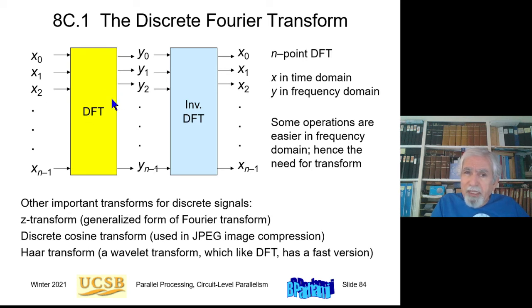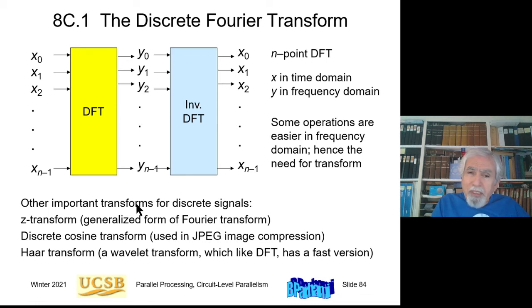We are motivated in this transformation because some operations are easier to perform on this transformed version. So we pay the overhead of DFT to obtain these, and then maybe later we want to make some changes in this, and then transform back to the original time domain inputs. This is known as n-point DFT because there are n inputs.